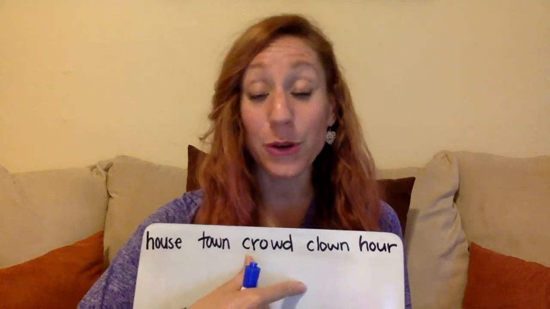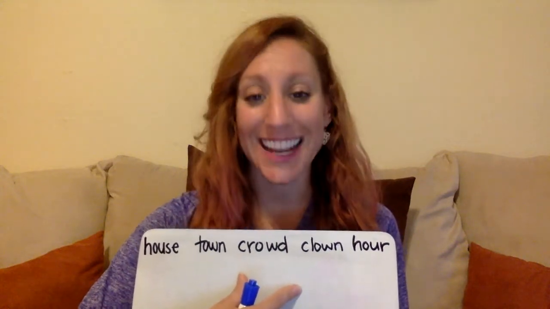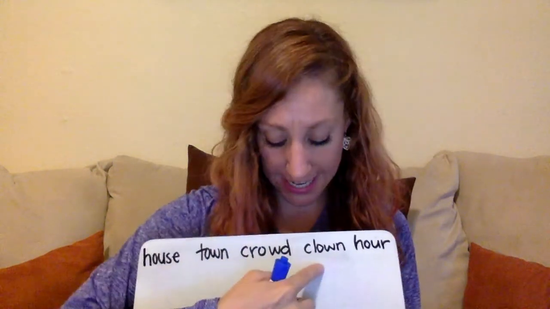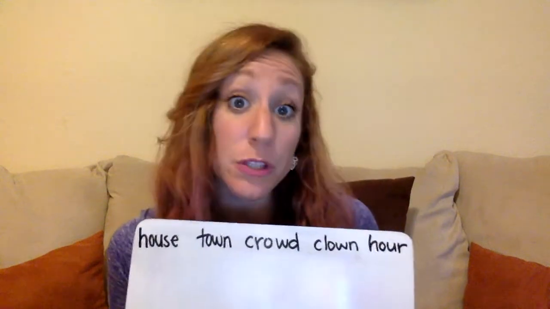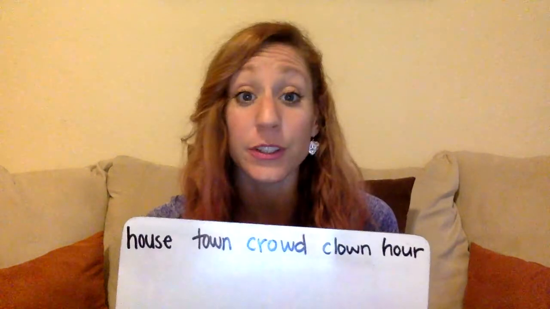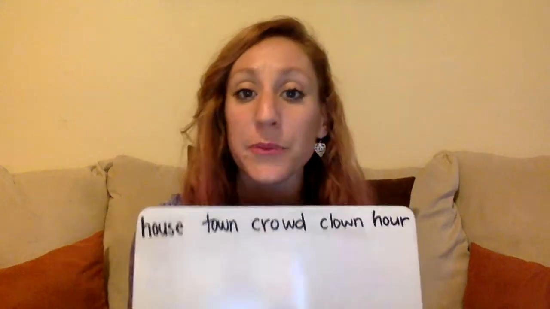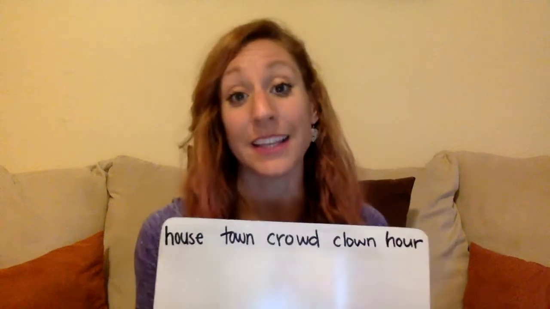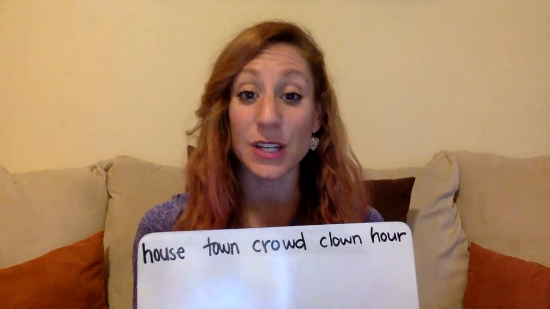If you don't know by the first letter, you go to the second letter. So we have C and C, then we have R in crowd and L in clown. So which one comes first in the alphabet, R or L? You could say the alphabet to figure it out, or write your own alphabet.